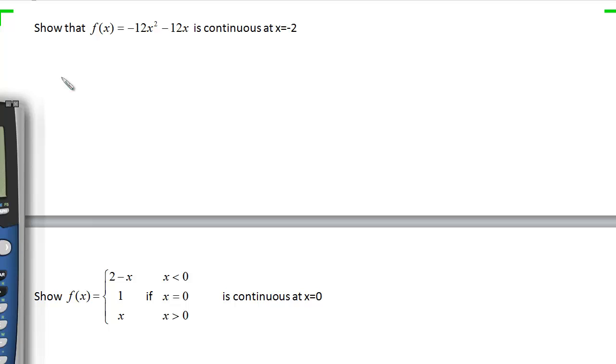So we're going to set this up in exactly the same manner. The first step is to evaluate f of negative 2. So I substitute that in.